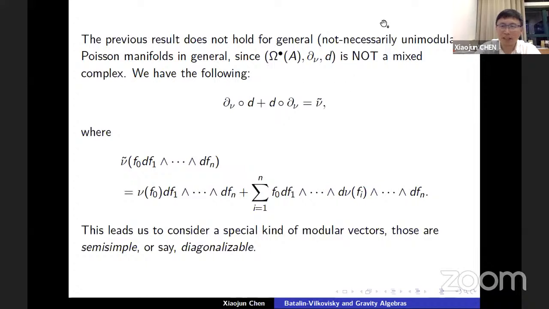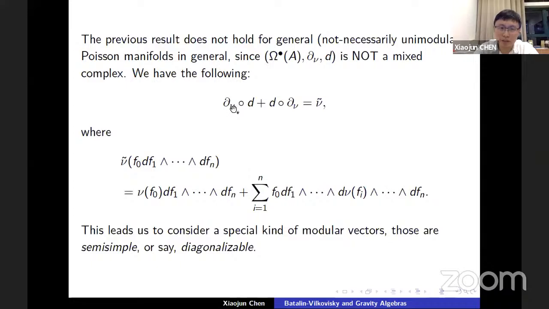So now let's go to this non-unimodular case. And this complex is not a mixed complex because there is an extra term that comes from the twisted module, right? But we have the following identity.